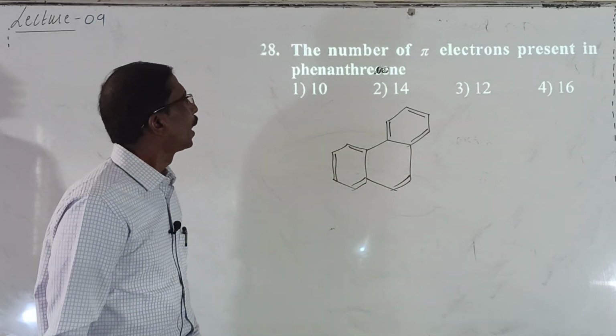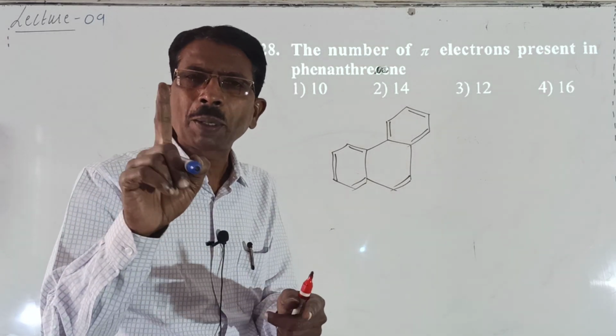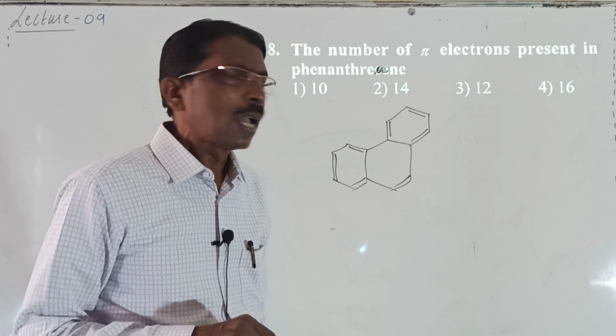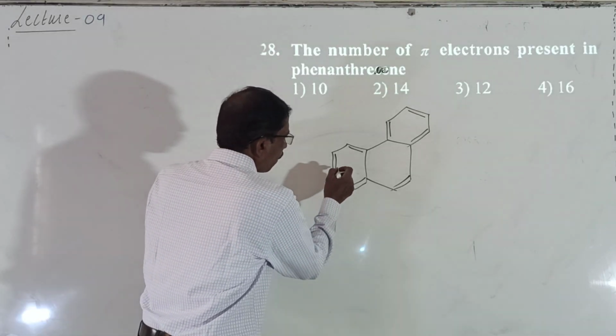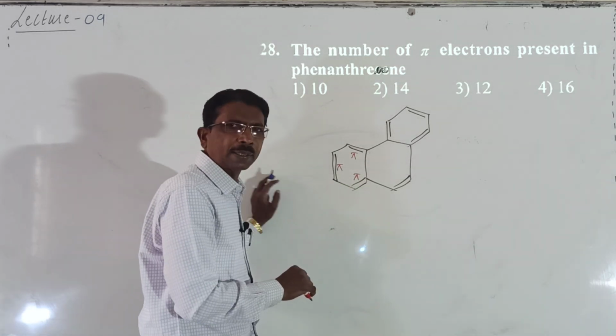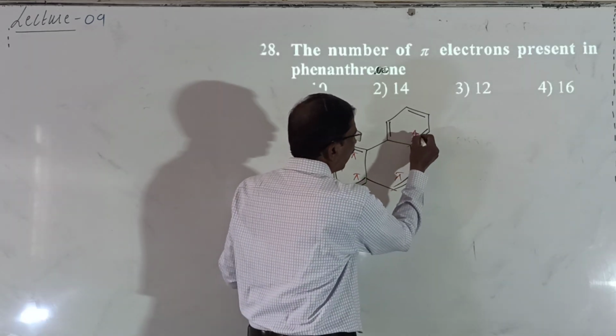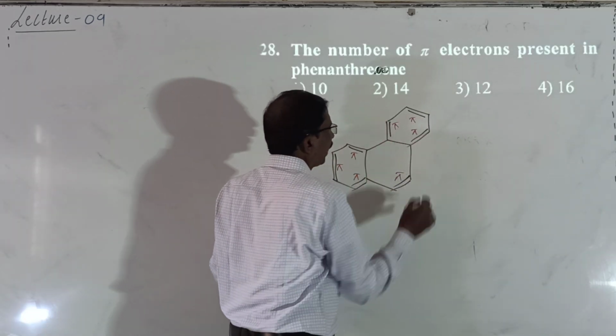Look here, how many pi electrons are there? Pi electron and pi bond are different. One pi bond contains 2 electrons. Here 3 pi bonds are there, means 6 electrons, and here also pi, it is pi.